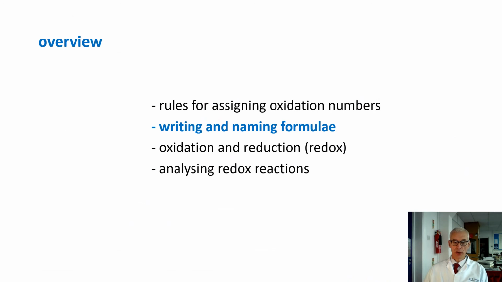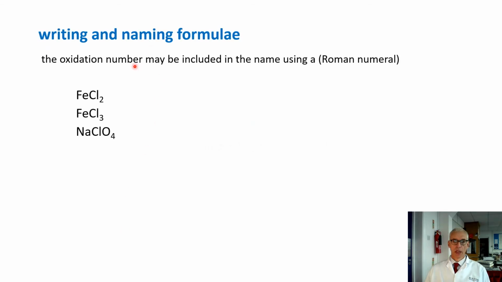So having introduced oxidation number, we're going to see how it's applied to writing and naming formulae. So oxidation number may be included in the name, and if it is included, it uses a Roman numeral. So for example, iron 2 chloride.